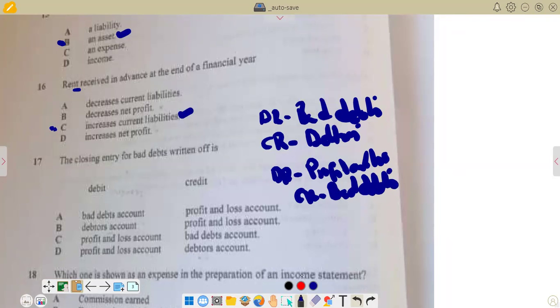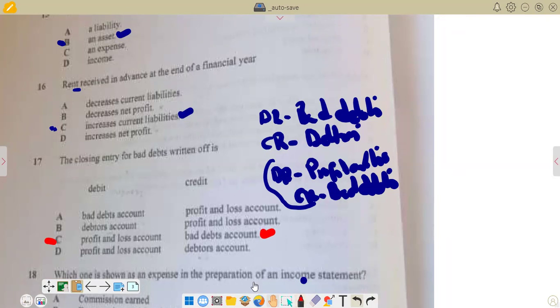This is the closing entry that we have now. It's applying on this part. So the most appropriate answer that we have there, if you go to C, is debit profit and loss, and credit bad debts account. So you put C. That's the most appropriate answer that we have.